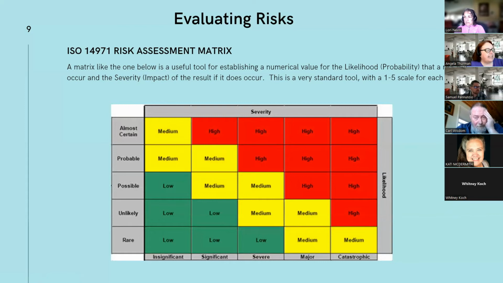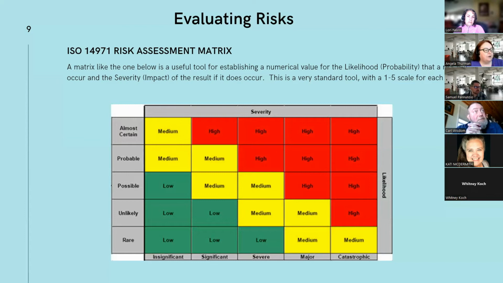So if it's down here in the lower left-hand quadrant, if it's insignificant and it's also rare, so not likely to occur and not very impactful if it did occur, then that's going to be green. We're not going to be too worried about that. We're not going to assign very much of a reserve for that risk.